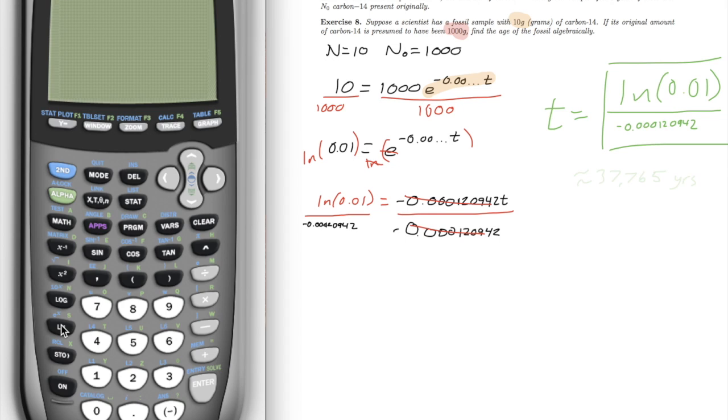So if you have a sample and it goes from 1,000 grams of carbon-14 to 10 grams of carbon-14, presumably that's going to be a positive number of years.